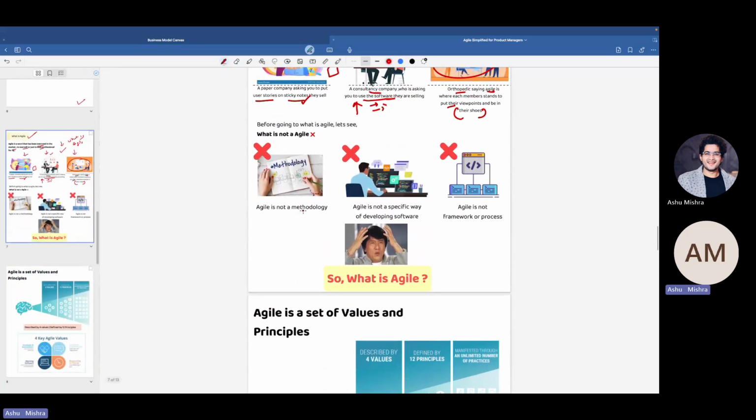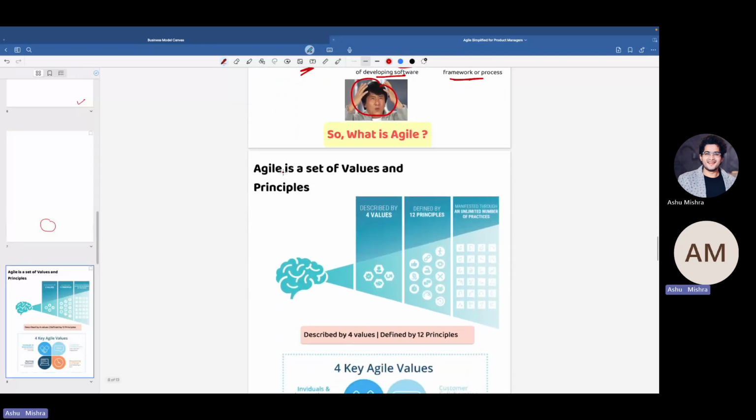So agile is not a methodology. Agile is not a specific way of developing software. Neither is agile any framework or process. So just like Jackie Chan, you would also ask, Ashu, then what is agile? So my dear friends, agile is a set of values and principles.